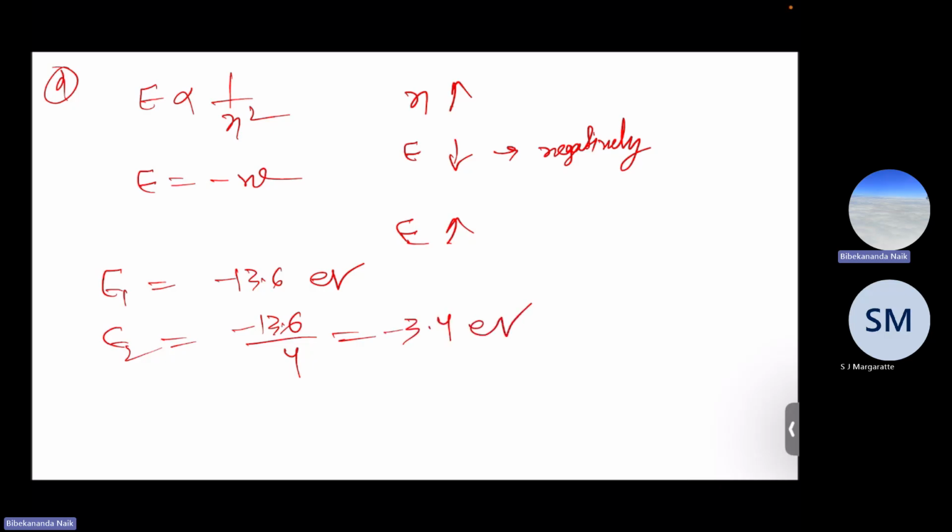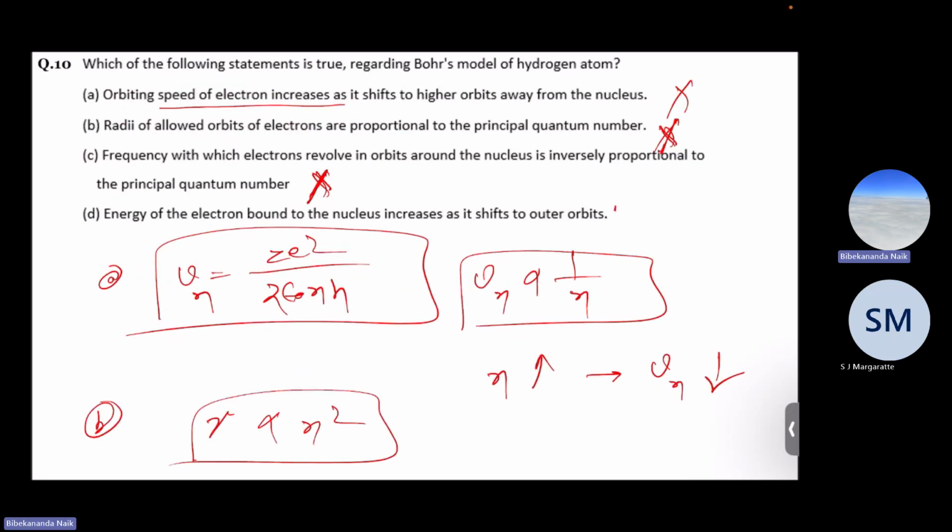Now you see minus 13.6 is lesser than minus 3.4. So as n increases, the energy of the electron bound to the nucleus increases. Since it is negative, it may look like the energy value is decreasing. The modulus of energy decreases, but since the energy is negative, the energy increases. So the correct option is option D.